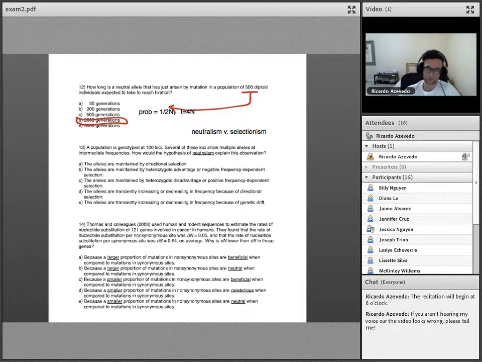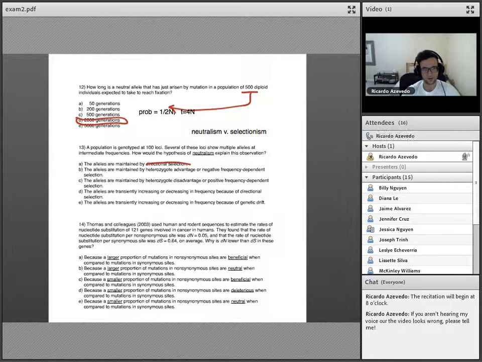So there's the idea of drift working on and shaping the allele frequency over time versus selectionism. The problem is, how would you explain the intermediate frequencies of some loci, given the neutralist view, which would assume that frequencies are changing according to genetic drift and not selection? Alleles are maintained by directional selection. That can't be the case because neutralism is not about selection.